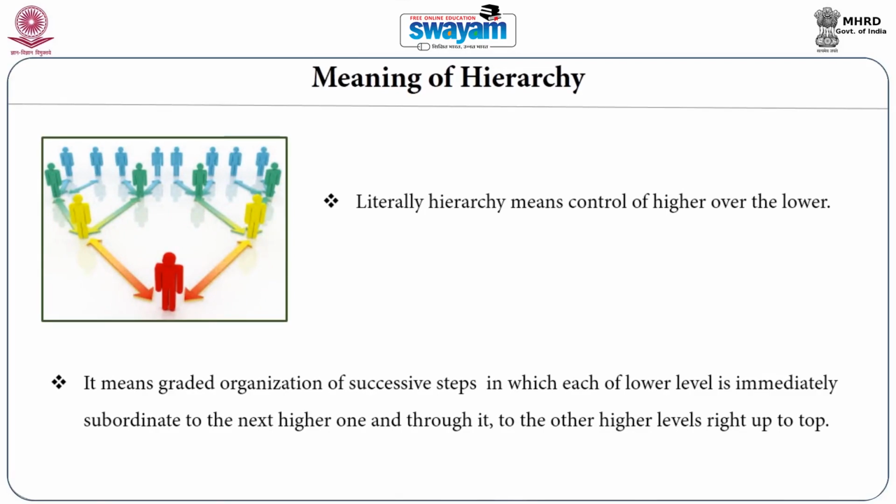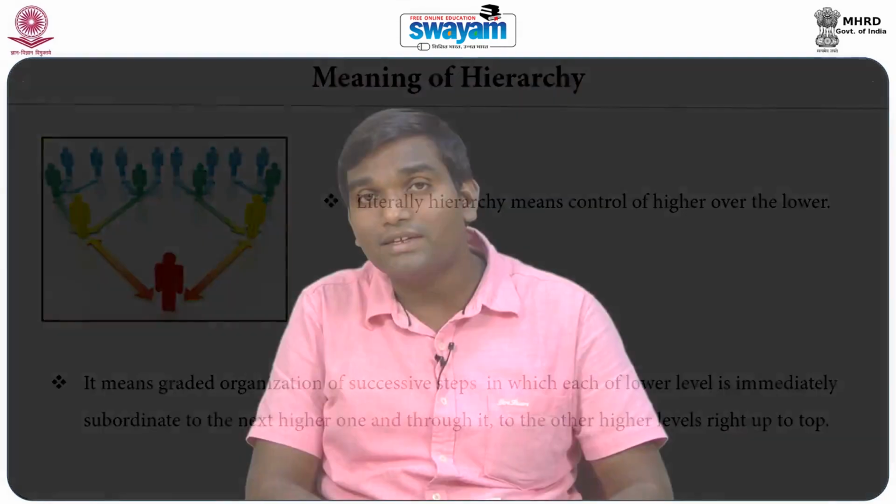Literally, we see that hierarchy means control of superior over the subordinates, or in other words, control of the higher officials over the lower officials. We can see that in organizations there are certain gradations and there are certain ladders or certain layers.